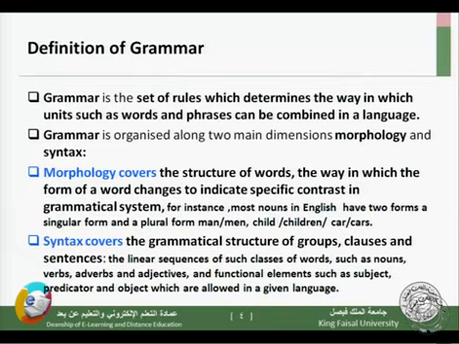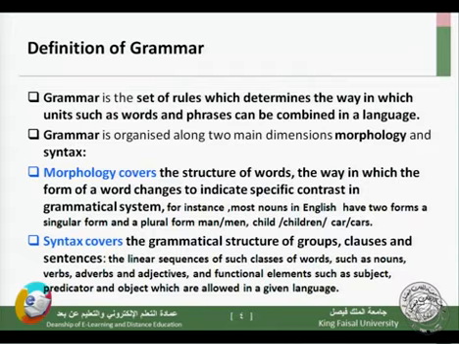Now, let's take point number 1, grammar. What is grammar? Grammar is a set of rules, a group of rules.